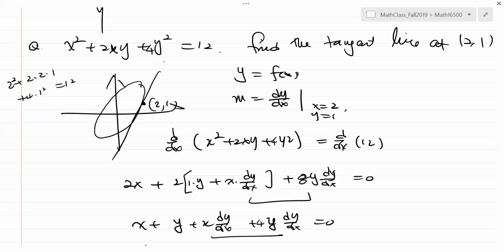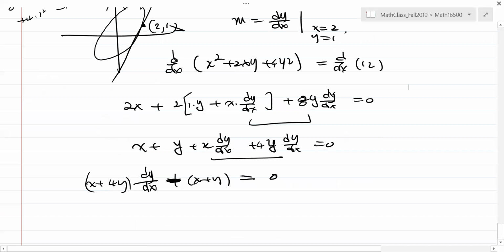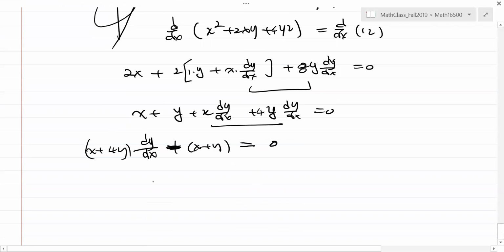Here x squared becomes 2x, and 2xy you get by the product rule. Then 4y squared gives you 8y dy/dx. Then you divide both sides by 2 and group them together. You get dy/dx equals negative (x plus y) over (x plus 4y).